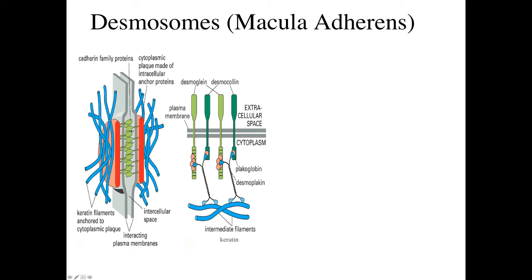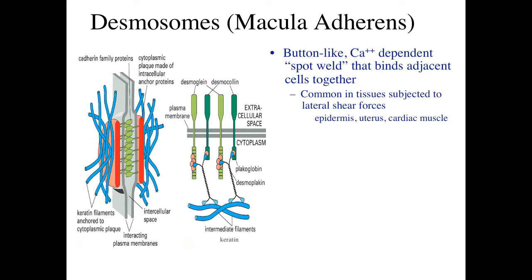So the membranes themselves don't fuse, but the integral proteins bind. So there's still actually a space between these membranes. These macula adherens form button-like or spot welds that bind adjacent cells together. They're calcium dependent. These are also very common in cells that are subject to lateral shear forces.